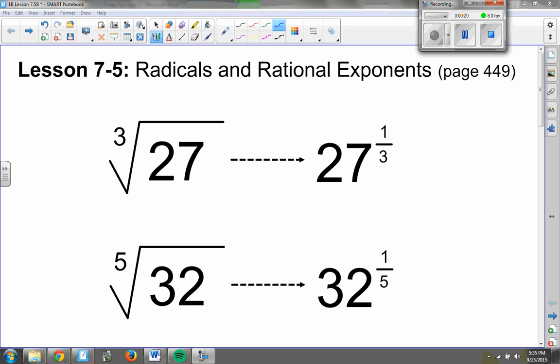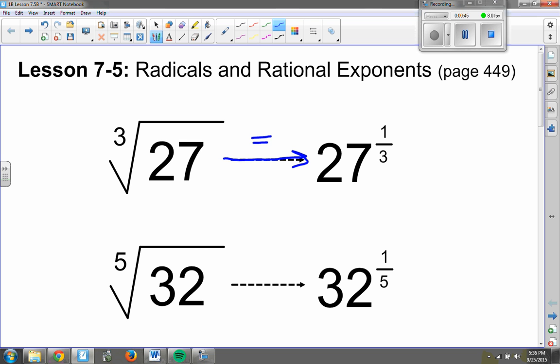And I just want to remind you of what we looked at in our last video, dealing with cube roots, or radicals in general, and rational exponents. As a reminder, the cube root, or third root, of 27 is the same thing as 27 to the 1/3. These are equal.